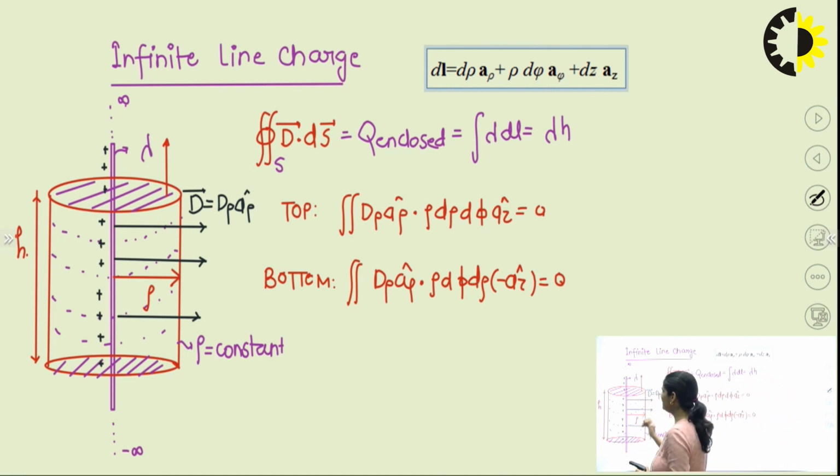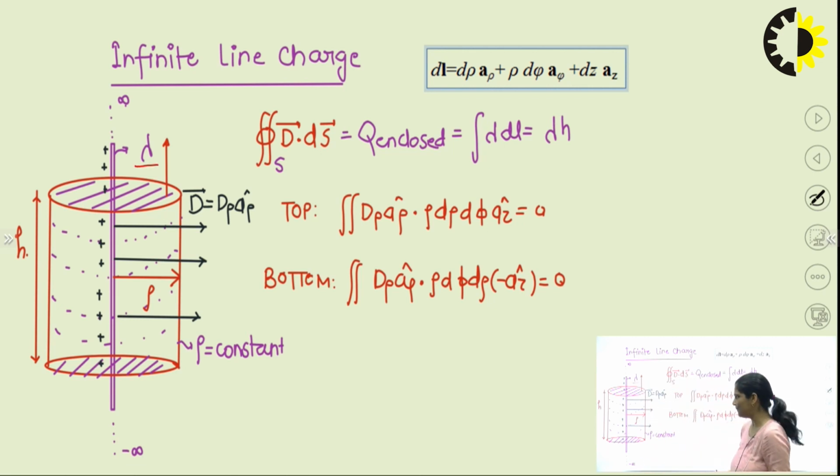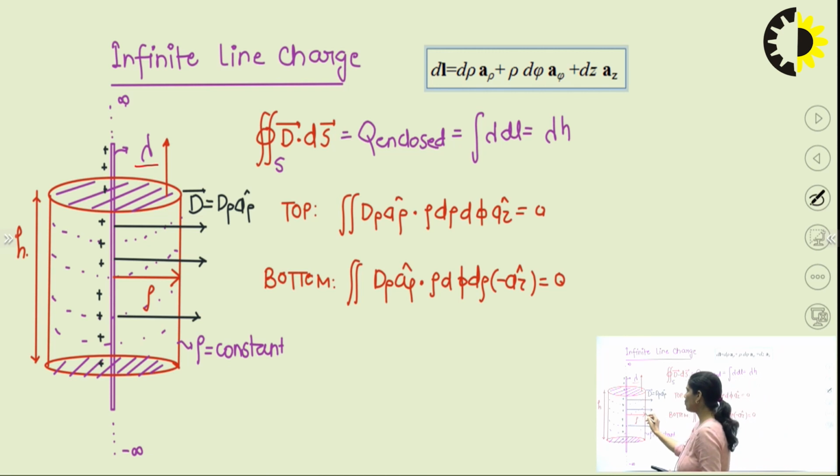This is your line charge on this cylindrical surface, and charge is uniformly distributed on this line. The charge on this line is represented by lambda, and this is rho. Rho is the same at all points. Now rho is constant. Now the height of this cylinder is represented by h.